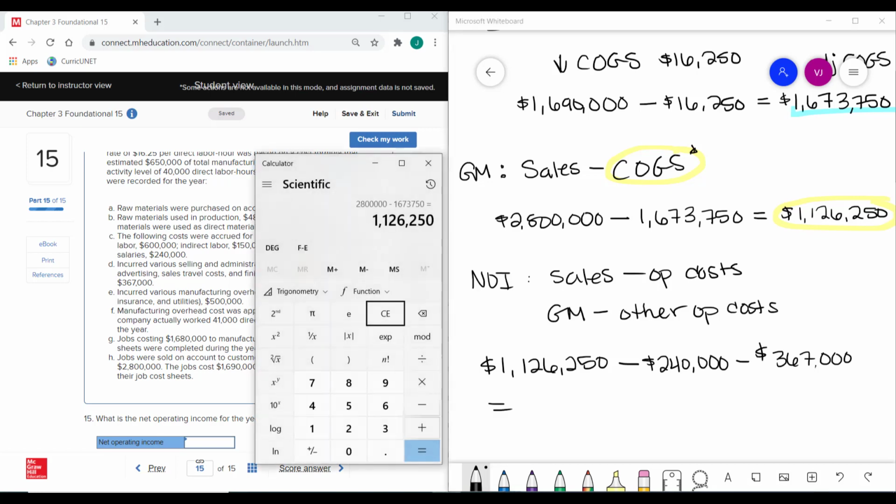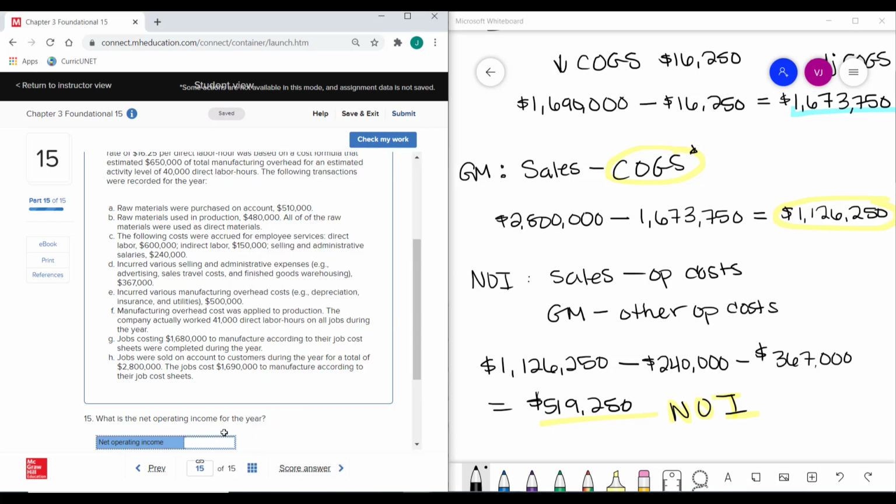So let's take that gross margin, subtract the selling and administrative salaries, and then the selling and administrative expenses. And that leaves us with a net operating income of $519,250. That's our net operating income. So that's how much money would be left then to cover any non-operational costs. So if there's any interest expense, any tax expense, that's what that would go towards.